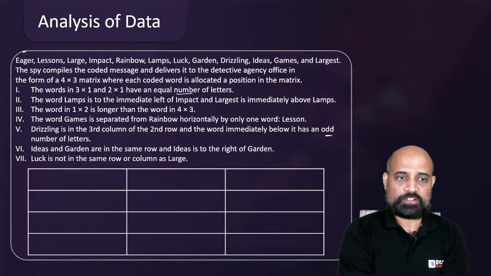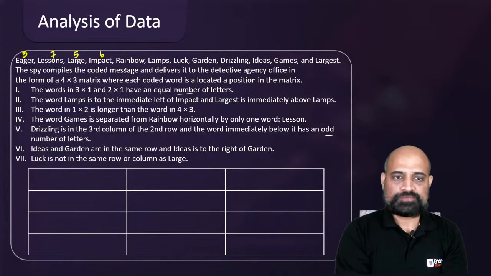Eager is a 5-letter word, lessons is a 7-letter word, large is a 5-letter word, impact is a 6-letter word, rainbow is a 7-letter word, lamps 5-letter, luck 4, garden 6, drizzling is a 9-letter word, ideas is a 5-letter word, games is a 5-letter word, and largest is a 7-letter word.